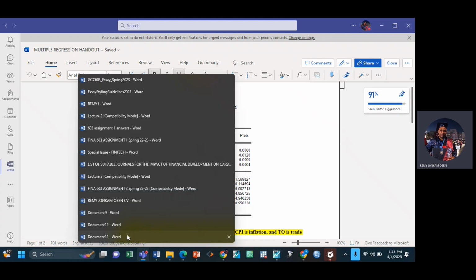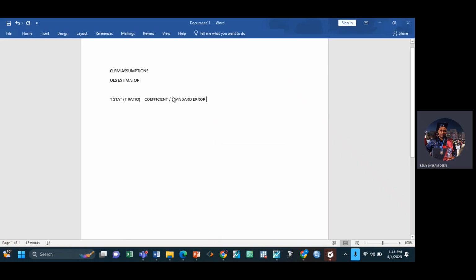Okay. Now, if the standard error is wrong, it means our t-statistic will be wrong, right? If the t-statistic is wrong, it means the hypothesis test will be invalid, and any inferences we make would be invalid, they will be wrong.